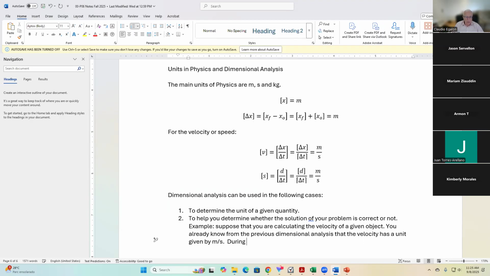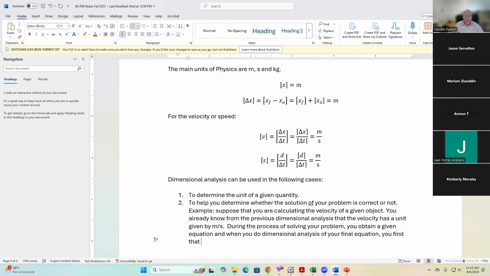During the process of calculation, during the process of solving your problem, you obtain a given equation, and when you do dimensional analysis of your final equation, you find that the unit you obtain is not matching the unit of meters per second.